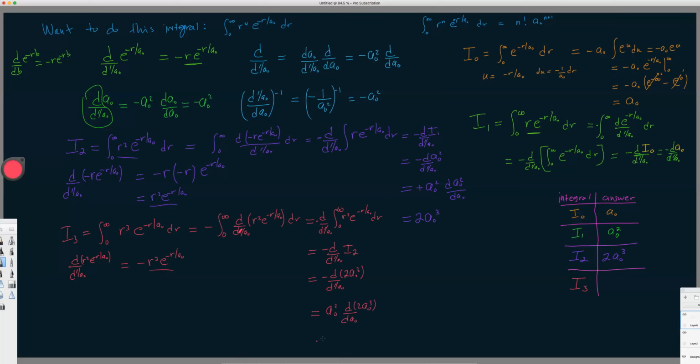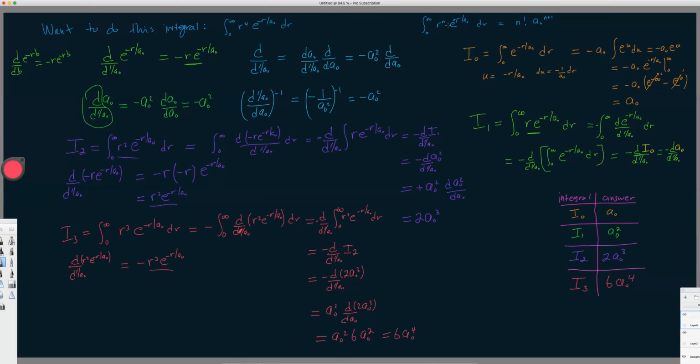And finally, we get a naught squared, and then we get 2 times 3, right? 6 a naught squared, which altogether is 6 a naught to the fourth.